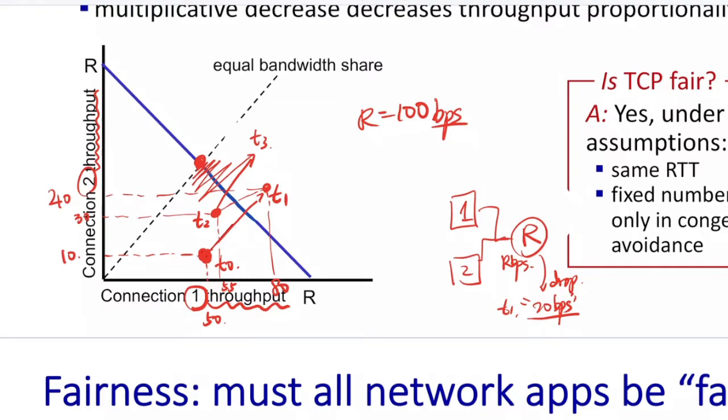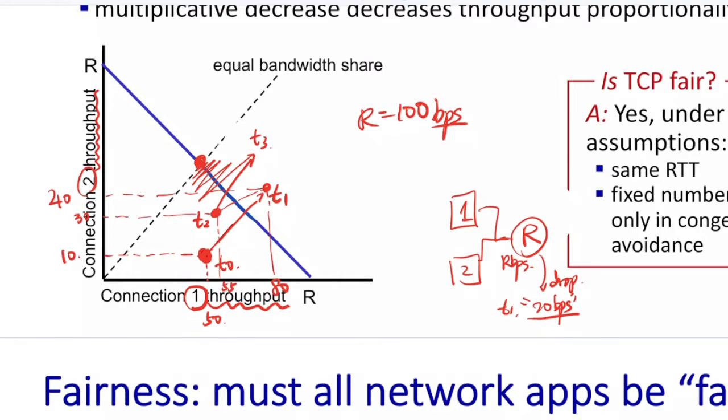After several rounds of increasing and decreasing window size, connection 1 and connection 2 will evenly share the R bps. If you have more data to send, you have a higher chance of being dropped, and you decrease your congestion window more. If you have less to send initially, you increase your window, and keep increasing.